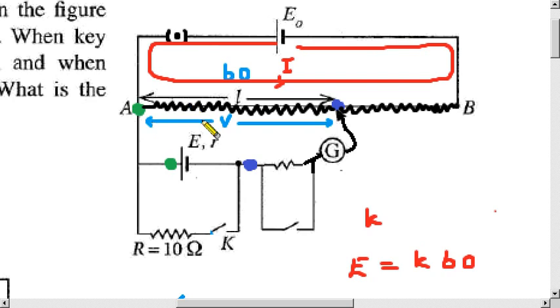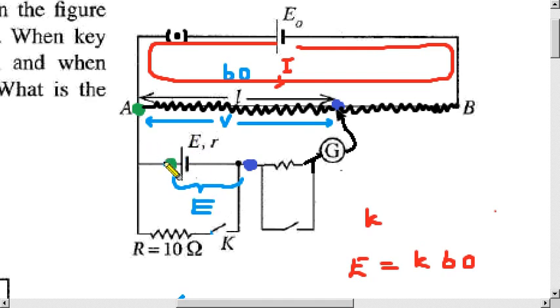So that voltage is equal to this potential, this electromotive force when there is no current. Here I equals 0. When there is no current, this voltage must be equal to this electromotive force, because between this green dot and blue dot, the voltage is E given by this cell.